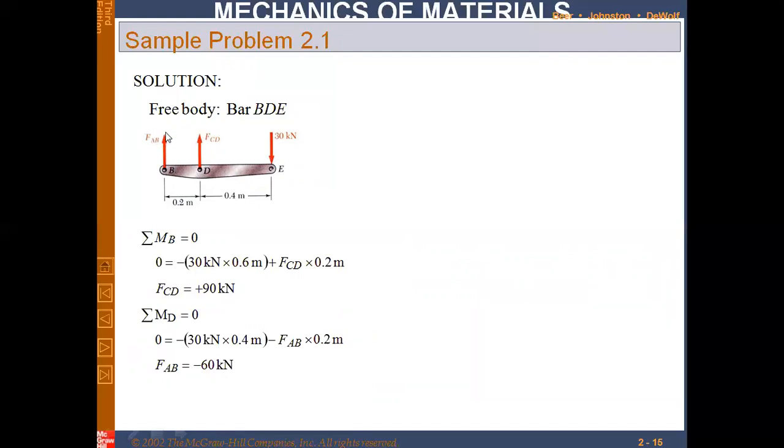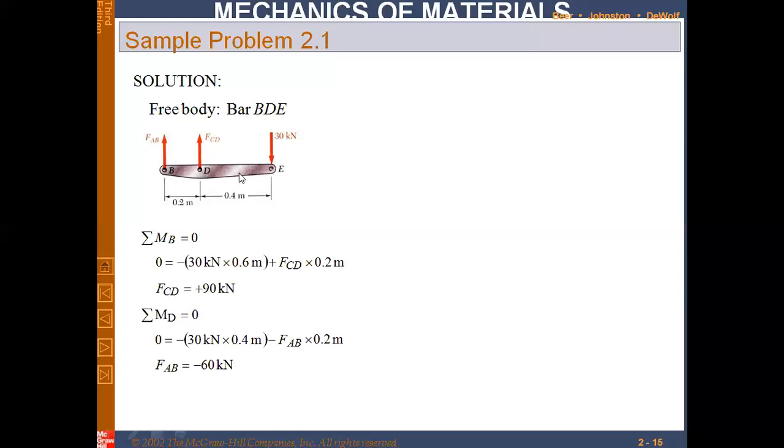Forget about the direction; we are taking the direction arbitrarily, because the equilibrium equation would correct our direction. So let's say this force is in this direction, the load at pin D, which is coming from the link CD, is in this direction, and this force coming from link AB is also in this direction. This load is given, it is 30 kilonewton. We have to find this load and this load.